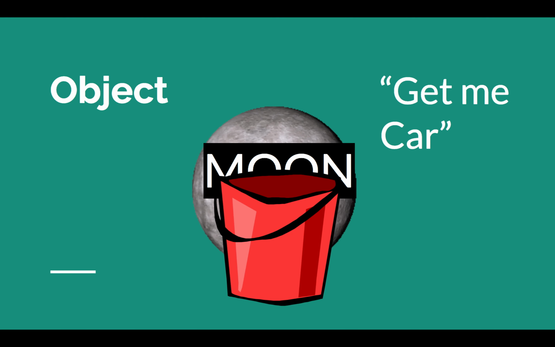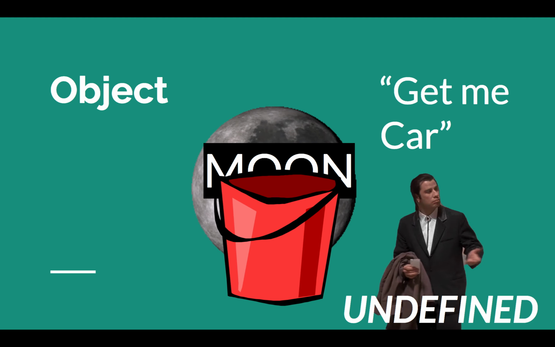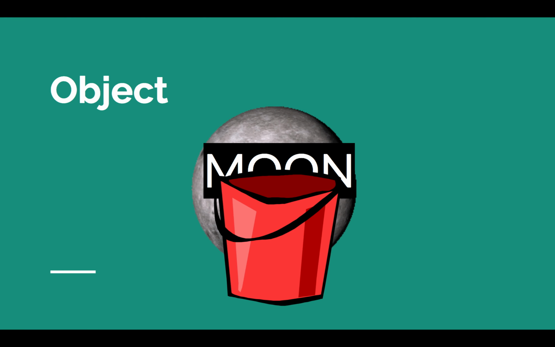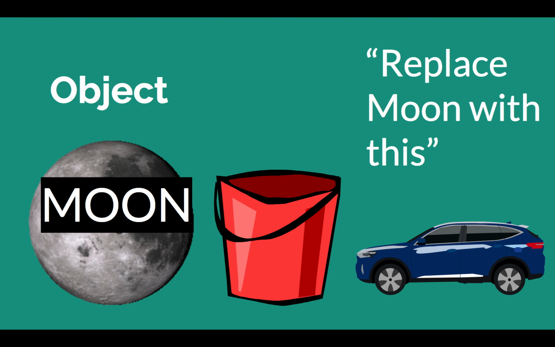If we try to ask for a label that doesn't exist, like get me a car, well, we hit undefined again. You can also do the same replacing. So if you say replace moon with this, well, what happens is, if there's an object in the bucket called moon, it will slap the label on something else and then replace it.